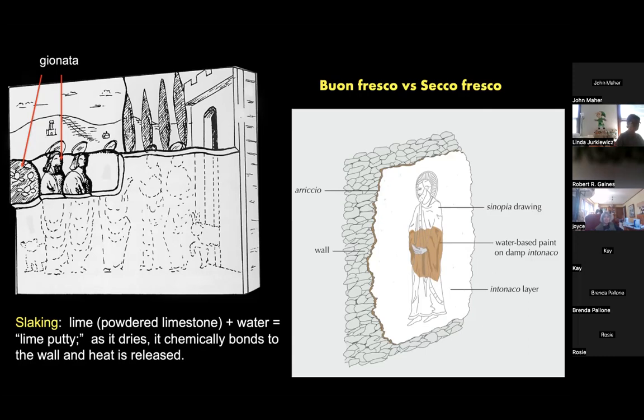So that's how a fresco is made. I made a fresco in grad school. We had this class, I can't remember what it was called, but we had to recreate artists' materials and techniques. We learned how to make ink. We had to go out and find goose feathers and cut a quill, and we made a fresco, we did gold leafing. And the one thing I remember about fresco is how much heat it puts off.